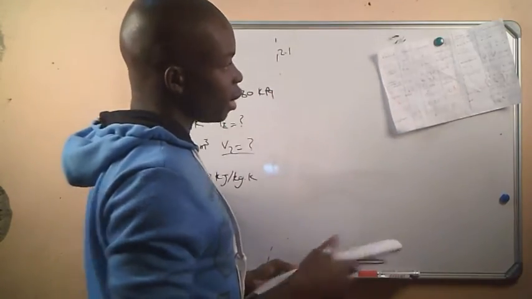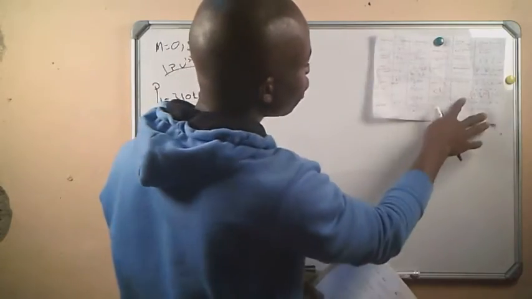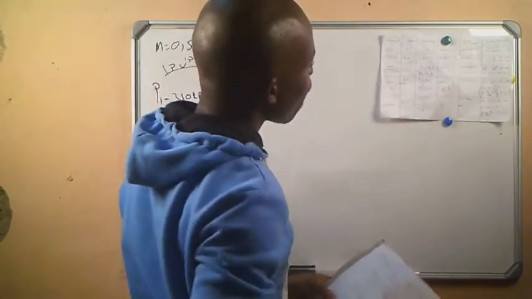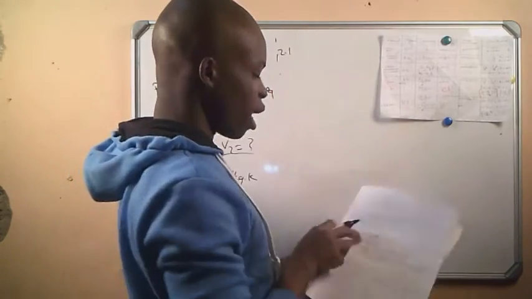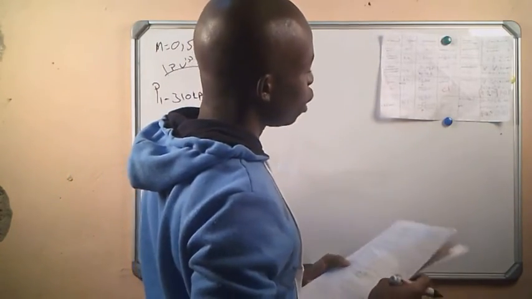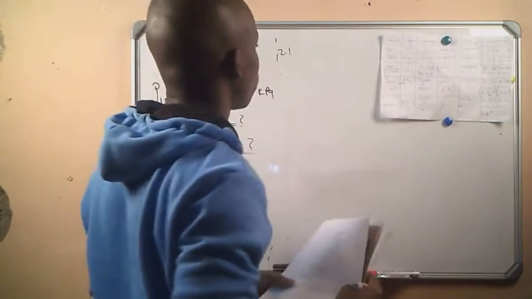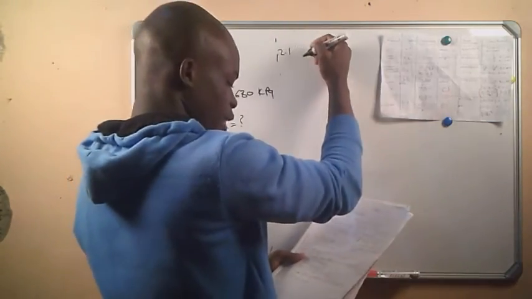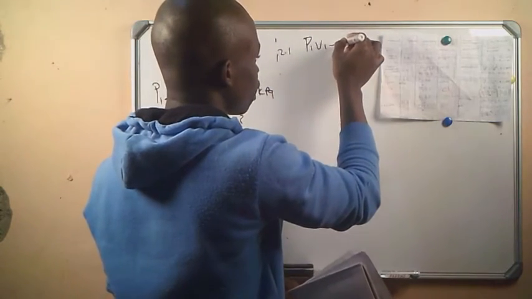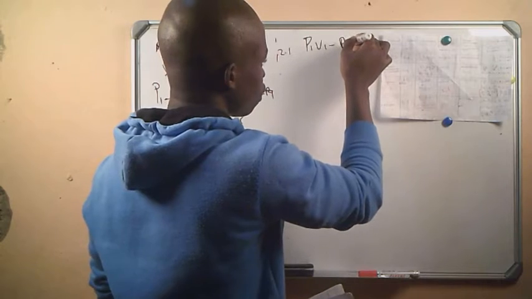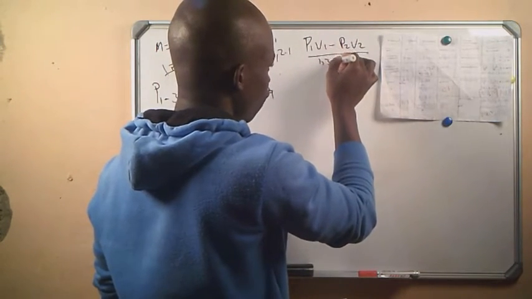So we go again to our table, look under work done, and then we have two formulas, of which you just choose one, and I have used this one, P1 V1 minus P2 V2 divided by 1.35 minus 1.